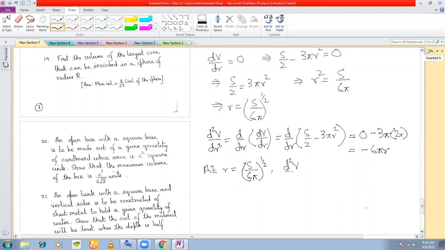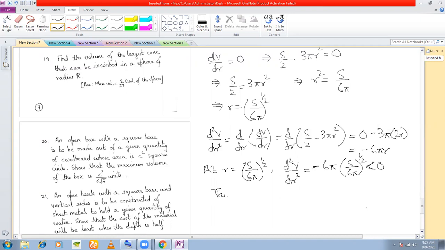d2V by dr2 is equal to minus 6 pi into (S by 6 pi) to the power of half, which is obviously negative, isn't it? Because S by 6 pi is positive. Surface area cannot be negative, neither can pi be negative, and the square root of a positive number is a positive number. So because I have a negative sign here, this will be negative.